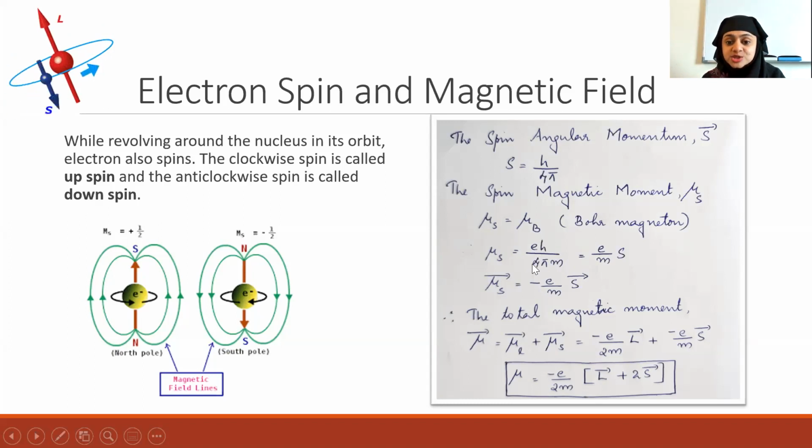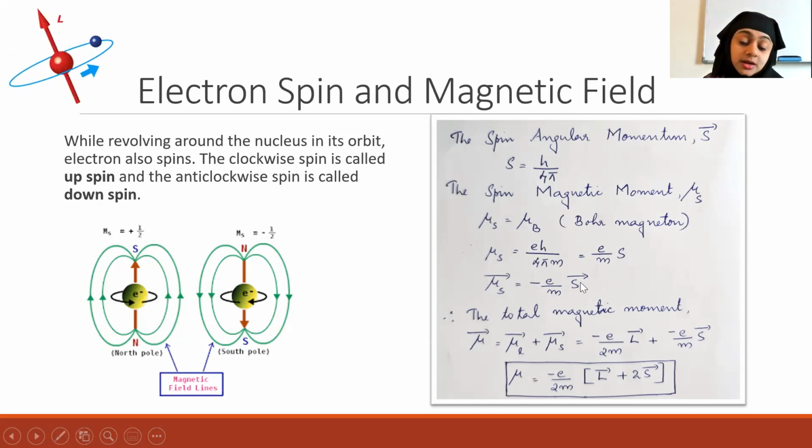But you know that h by 4 pi is equal to s. So we can write it as e by m into s. Instead of h by 4 pi, I have substituted s. And again, you know that spin magnetic moment is opposite in direction to the spin angular momentum. So spin magnetic moment mu s in the vector form is equal to minus e by m into s.